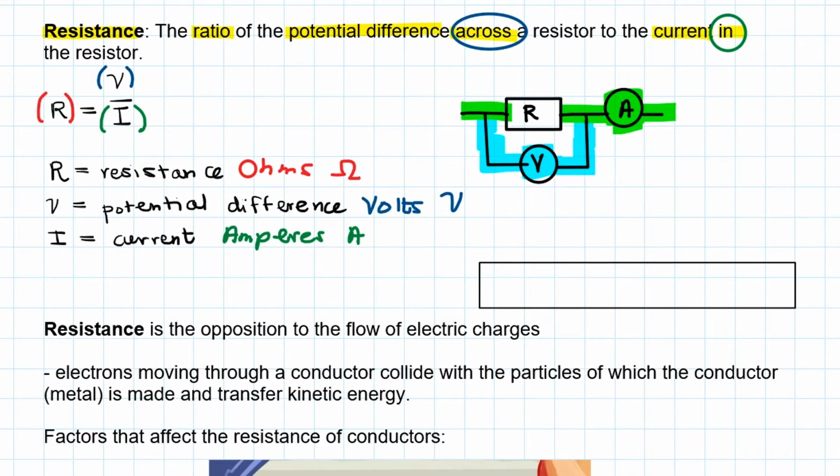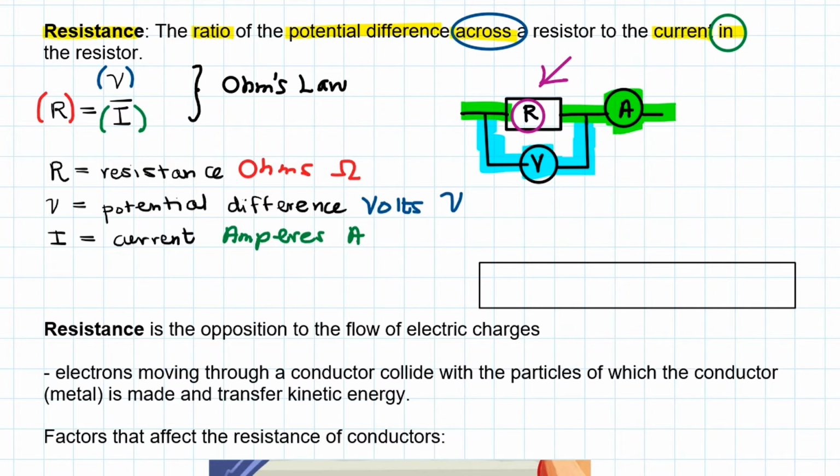This relationship between potential difference and current is known as Ohm's law, and you will be taking a look at Ohm's law in a lot more detail in grade 11. Basically, what we can gather from this formula is that if we have a resistor whose resistance we do not know, we can connect it to a source of power, allow current to flow through it, and measure the potential difference across it.